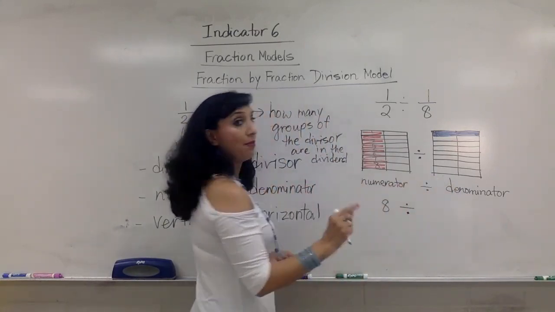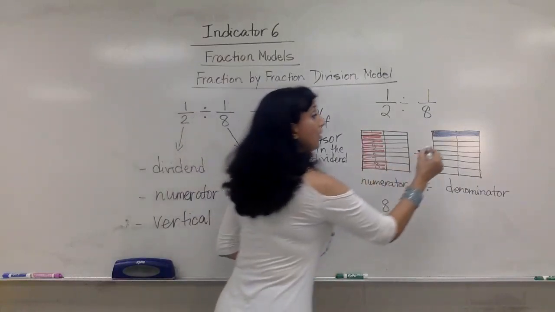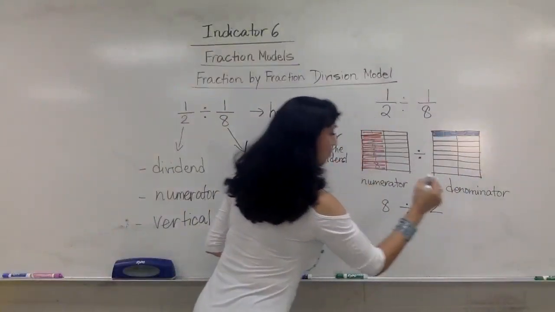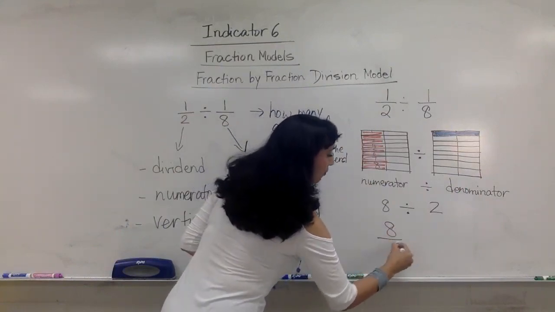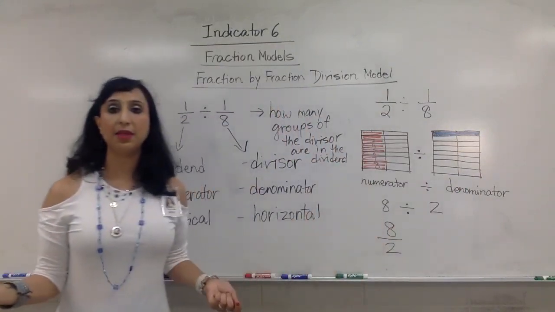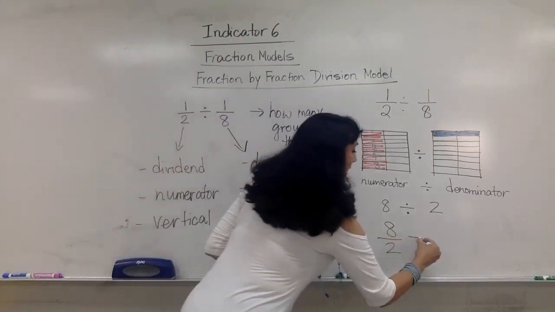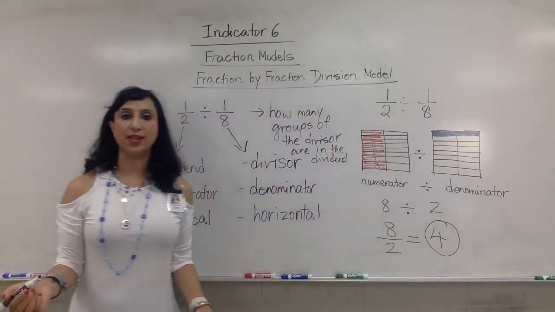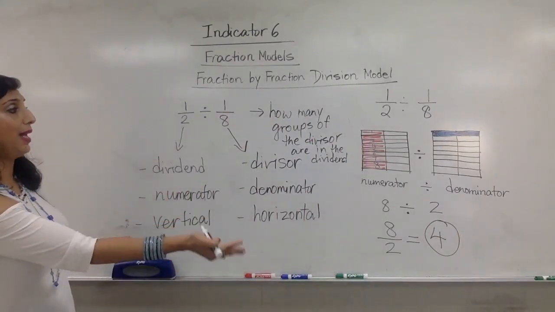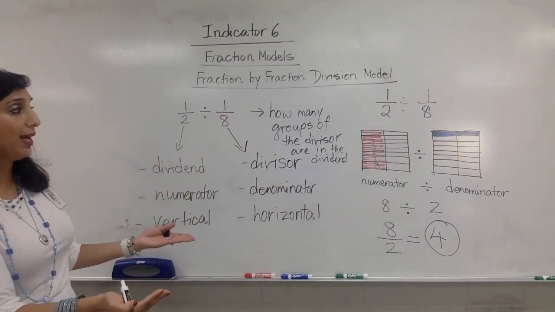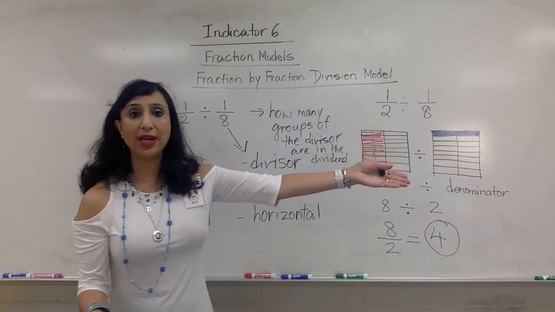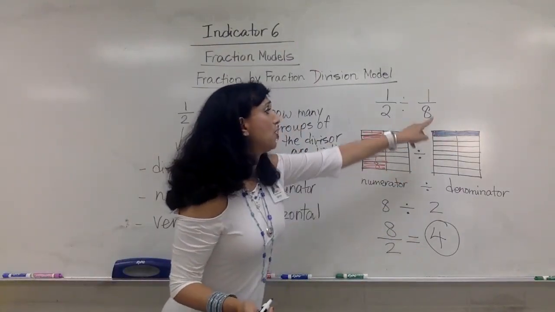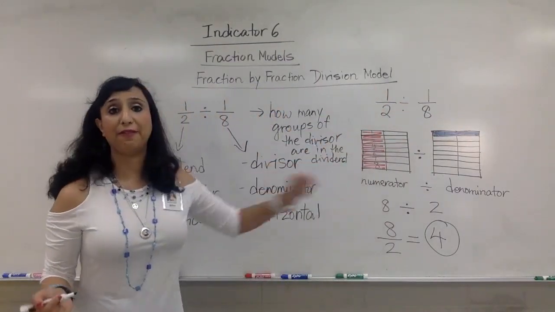I see how many are colored in, which is 1 and 2, so divided by 2, which can also be written as 8/2. Same thing, and I get 4, which is my quotient. So there, as simple as that. If you want to break it apart like this, that's how you can show it. Basically, I have 4 groups of 1/8 in 1/2.